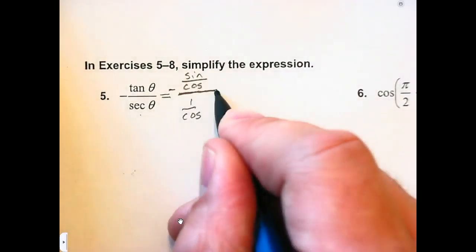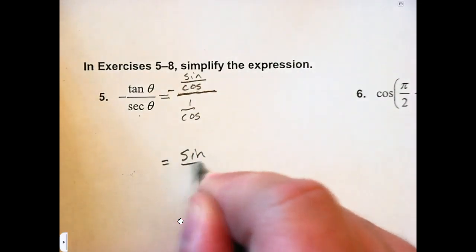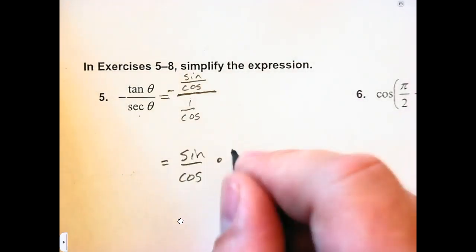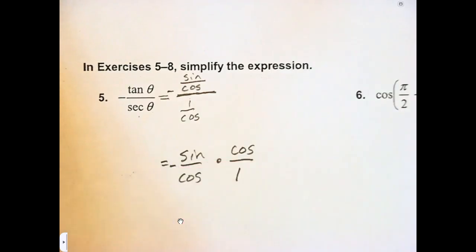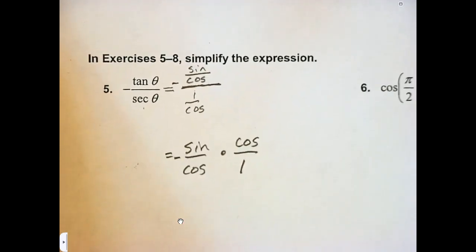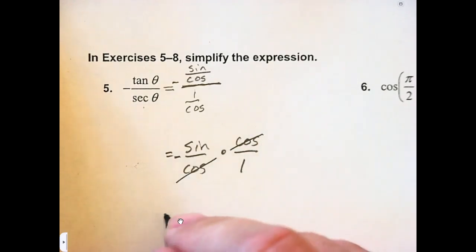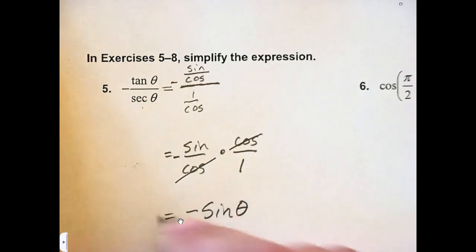Division like this is the same thing as multiplying by the reciprocal of that. What happens? It equals negative sine, don't forget theta.